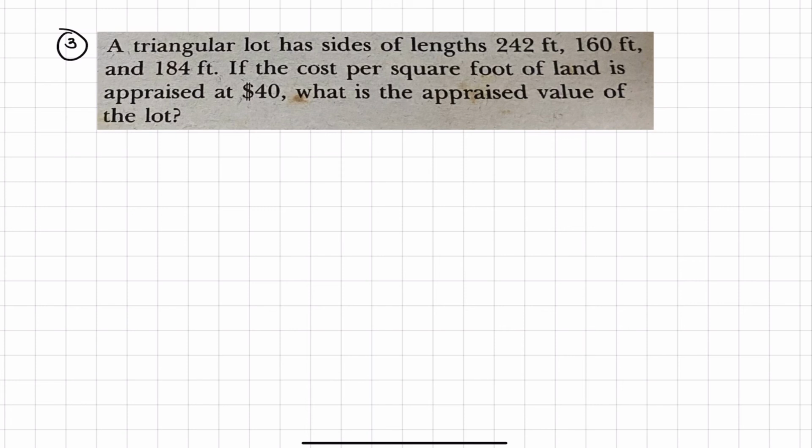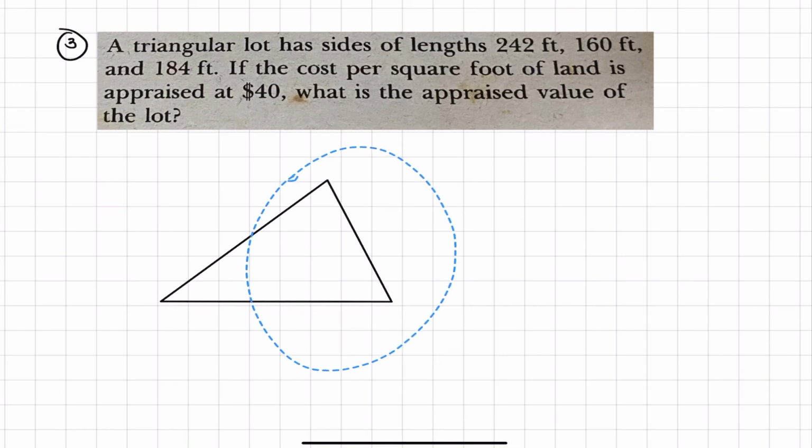Paano sinusukat yung appraisal or paano siya pinepresyuhan per square foot ng lupa? So, ang pinag-uusapan area. So, 1 square foot ng area is $40. So, ibig sabihin, bibilangin natin ilang square foot doon meron sa triangular lot mo. Meaning, we have to compute for the area of the triangle.